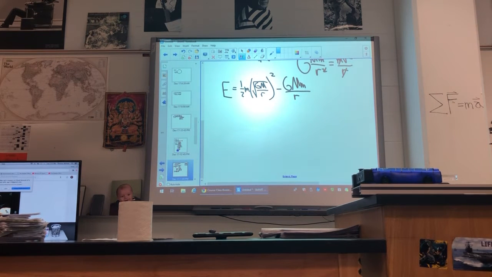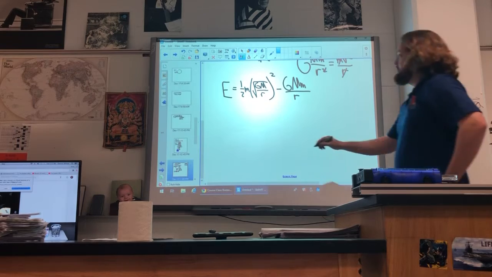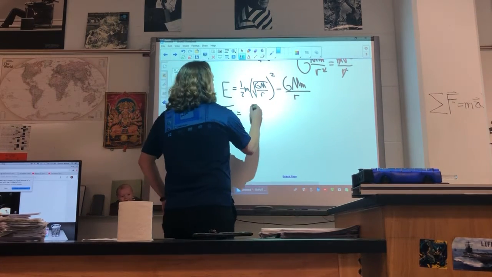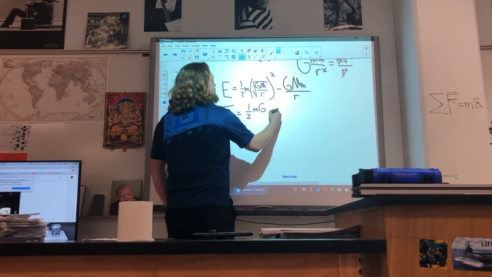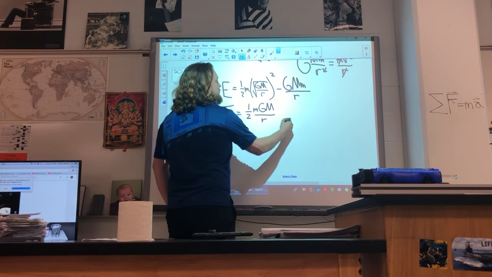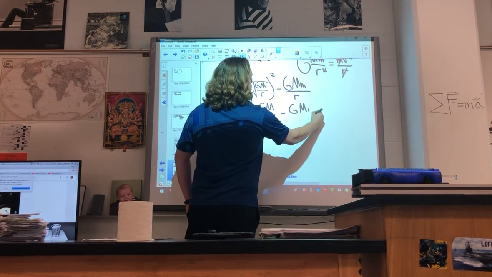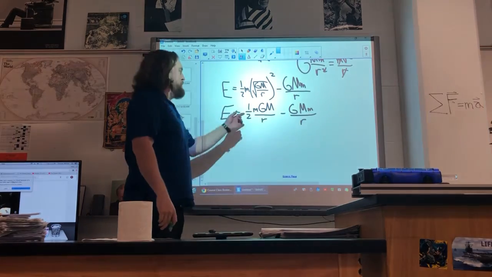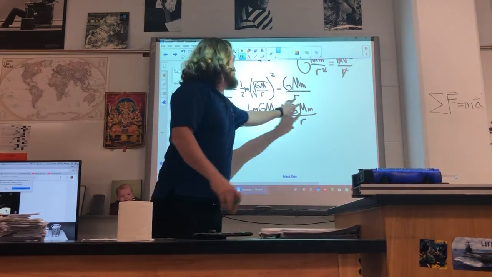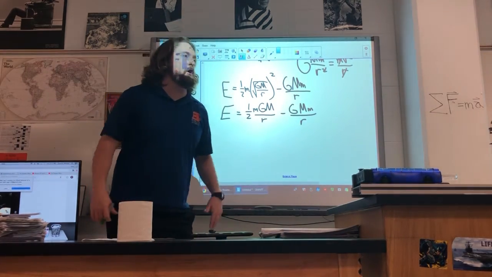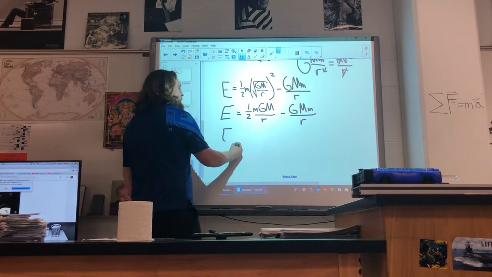So we do this. What's going to happen to that square root? Adios. Look what you're doing. These are the same thing, except one's 1/2, the other one's 1. What's 1/2 minus 1?